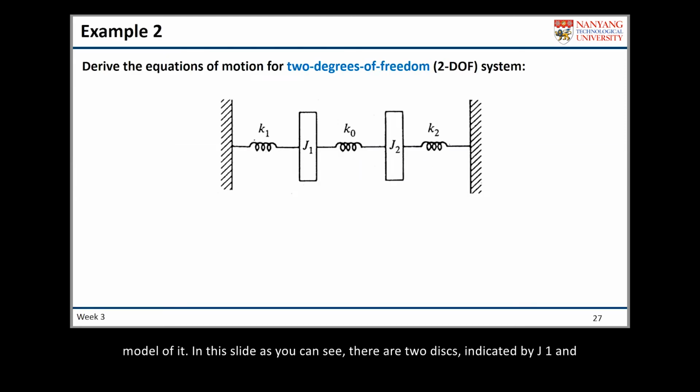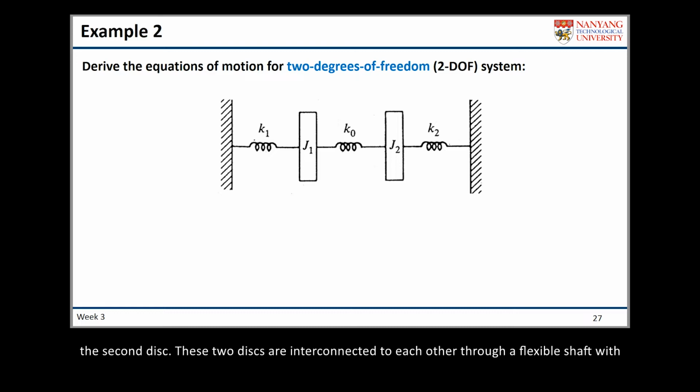So in this slide, as you can see, there are two disks indicated by J1 and J2. J1 is the moment of inertia of the first disk, J2 is the moment of inertia of the second disk.